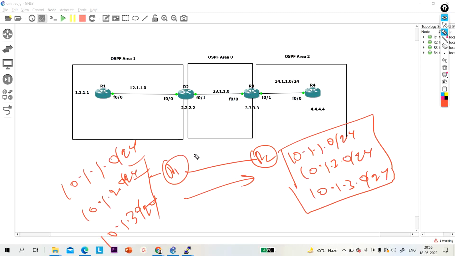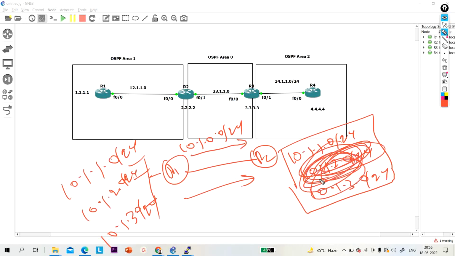But if I advertise a summary network, like 10.1.0.0/16, then router 2 will not store these three networks. Router 2 will store only one network, that is 10.1.0.0/16. And now if one network goes down, R2 will not generate a query message.